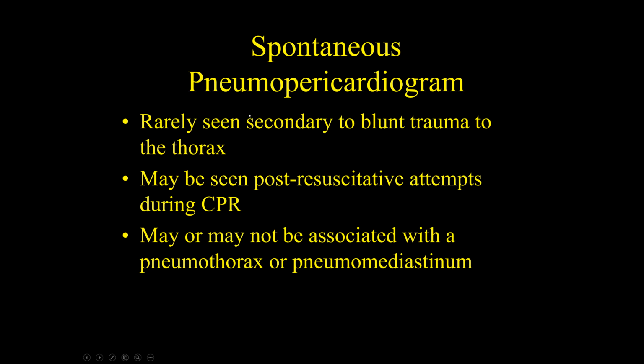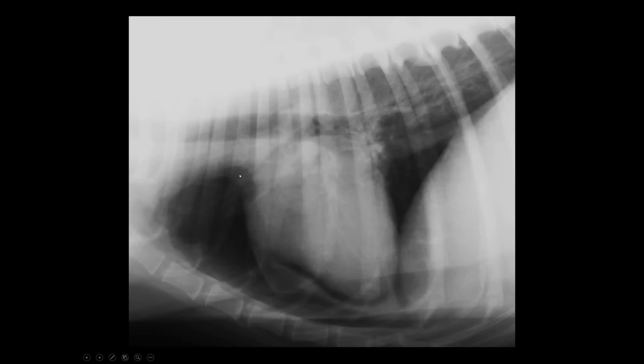Spontaneous pneumopericardium is rarely seen, but sometimes you'll see it in dogs right after they've been hit by a car, or after any kind of blunt trauma, like being kicked. It is the presence of free air within the pericardial space. Usually it's nitrogen that dissolves out of the blood and forms a little bit of air in the pericardial space, most of the time due to blunt trauma.